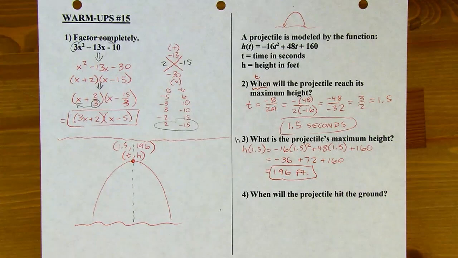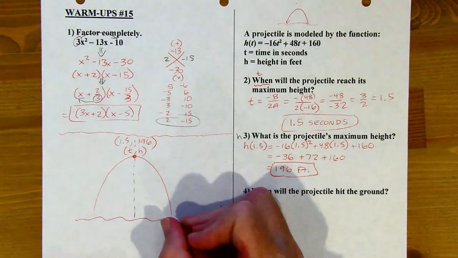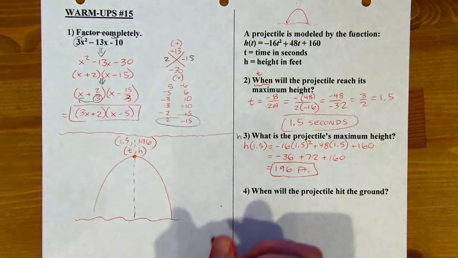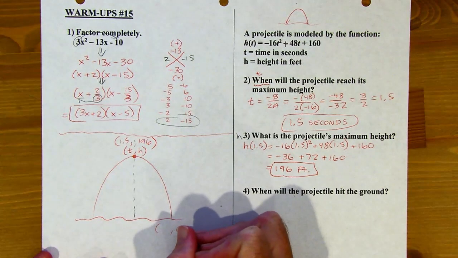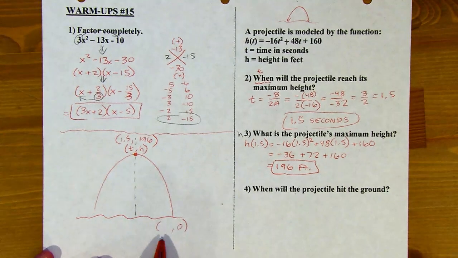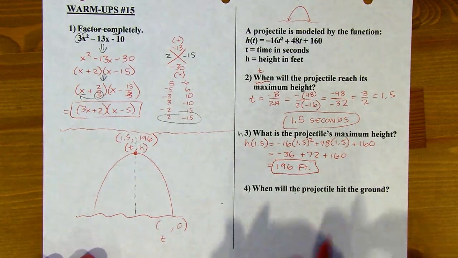All right, and then the last part of this, when will the projectile reach the ground? So it's going to reach the ground. I know what the height is going to be when it reaches the ground. The height is going to be 0. So my question is, what is the time? This is when.